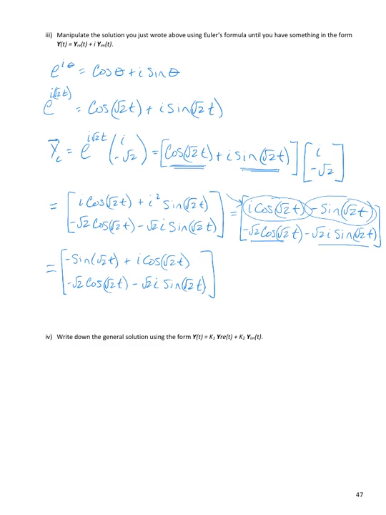Okay, lastly, I'm going to break this down into a real part and an imaginary part, a real vector and an imaginary vector. So my real entries are negative sine root 2t and negative root 2 cosine root 2t, plus i times, so I'm pulling the i out for the second term, cosine root 2t and negative root 2 sine root 2t.